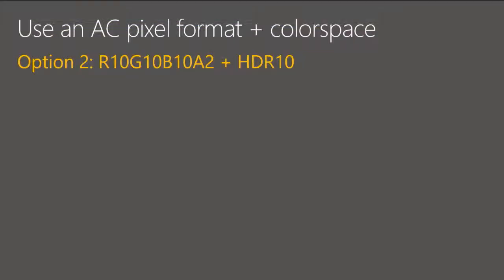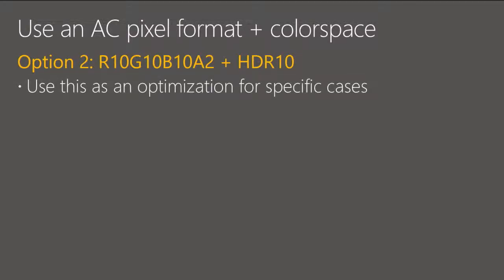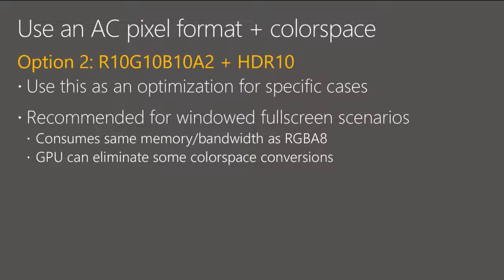Option 2. This is best used for specific use cases. If you think your app is primarily going to be used in full screen scenarios and fill the entire screen, this includes video games or media players, option 2 can improve your performance.